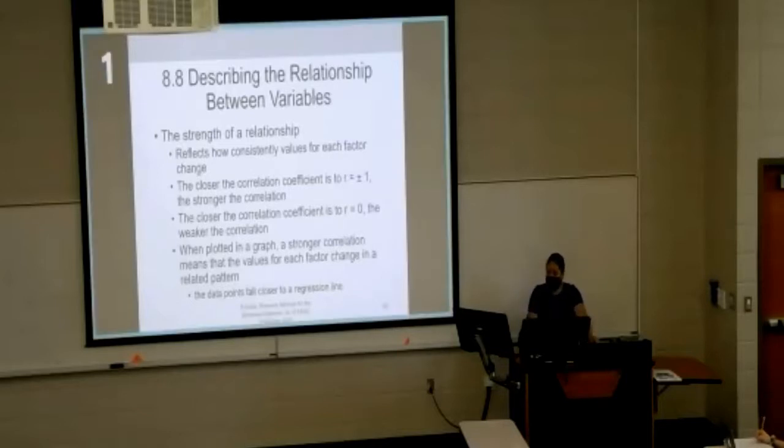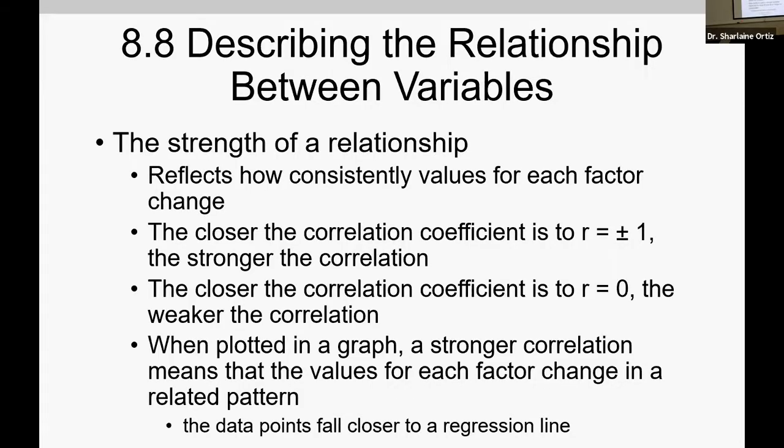Now, when we are thinking about the strength, if we go back to that R value, generally we are referring to Pearson's correlation coefficient, right? So generally, that's what I am referring to, Pearson's.